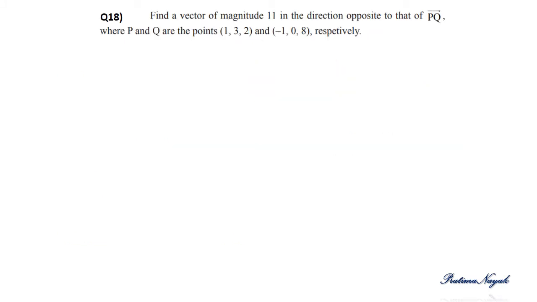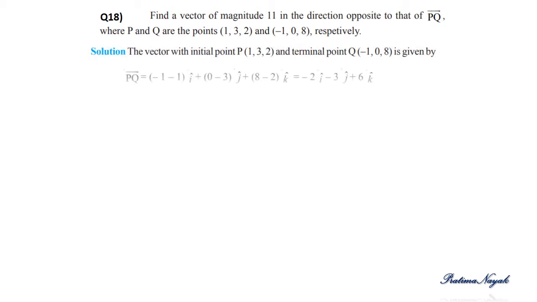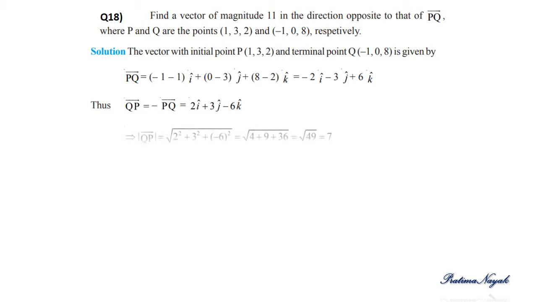Very basic question. Find a vector of magnitude 11 in the direction opposite to PQ vector, where P and Q points are 1, 3, 2 and minus 1, 0, 8 respectively. So first we will get the vector PQ, that will be minus 1 minus 1 i cap, 0 minus 3 j cap and 8 minus 2 k cap.